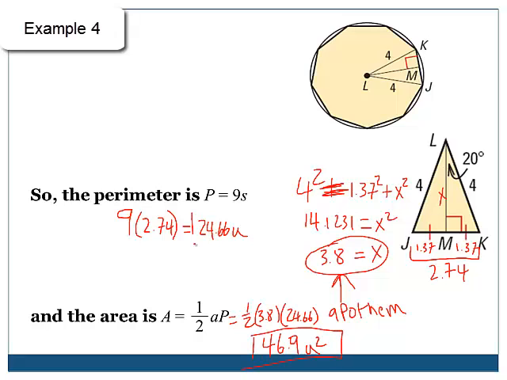Those are your two answers. This is how it can get very difficult, because I can only give you one piece, and you have to find the leg length and the apothem length using trig and Pythagorean theorem, and then apply the formulas for perimeter and area.